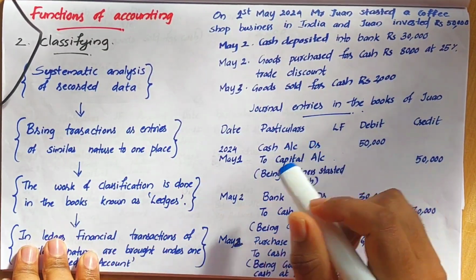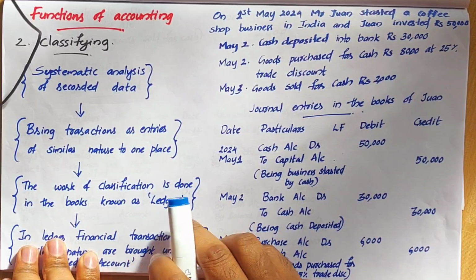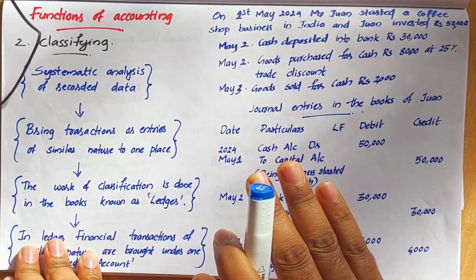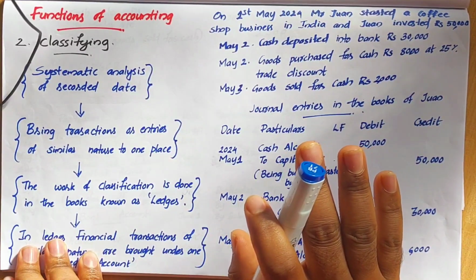The work of classification is done in the book known as the ledger.